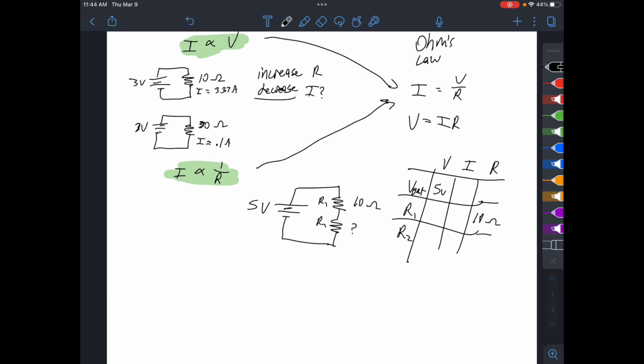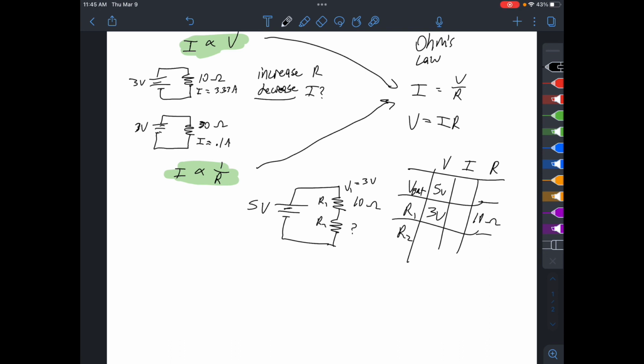And let's actually, I think we need one more piece of information here. Let's say the voltage across resistor 1, V1, is 3 volts. So using Ohm's law, I can solve for this missing current of resistor 1.